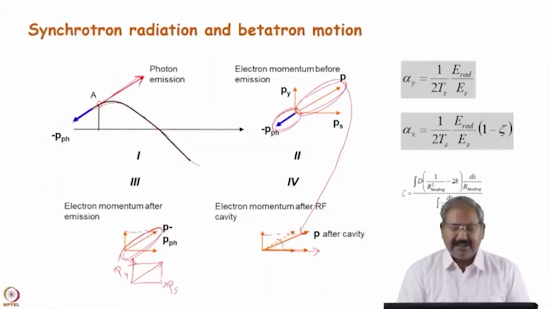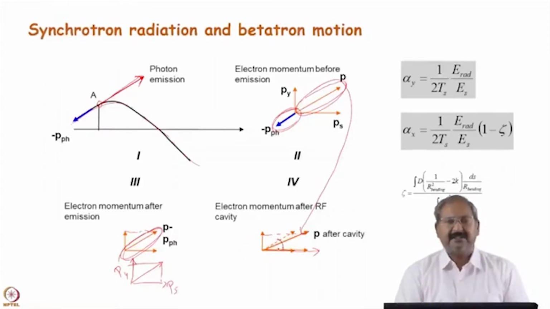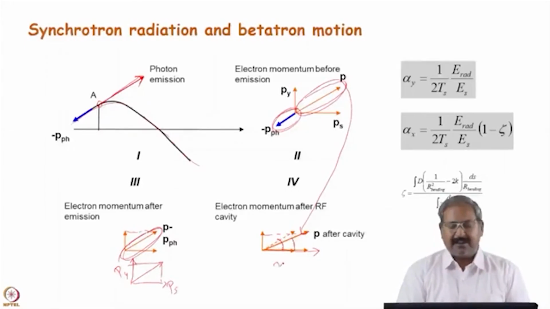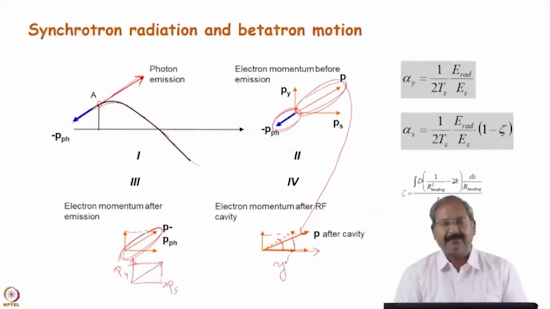So this angle of the particle trajectory with respect to the design trajectory has been reduced, meaning Y prime has been reduced. And if Y prime has been reduced, the amplitude of betatron motion has been reduced. So emission of radiation damps out the betatron oscillations. There is a kind of damping due to radiation in the betatron oscillations.